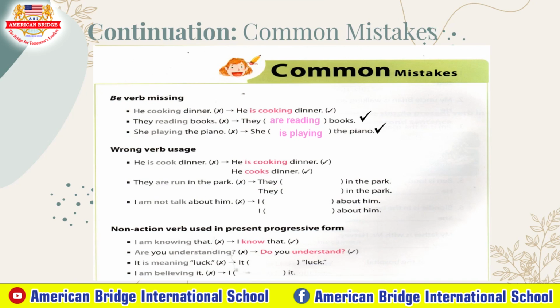Now another common mistake is wrong verb usage or wrong using of verb. So here's the example. He is cook dinner. Remember, we are now in present progressive, or we should also call it as present continuous. He is cooked dinner. Definitely this one is wrong.